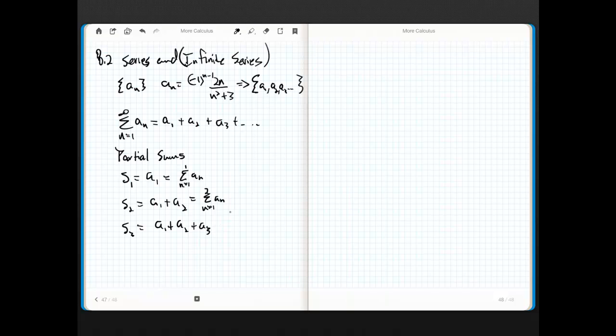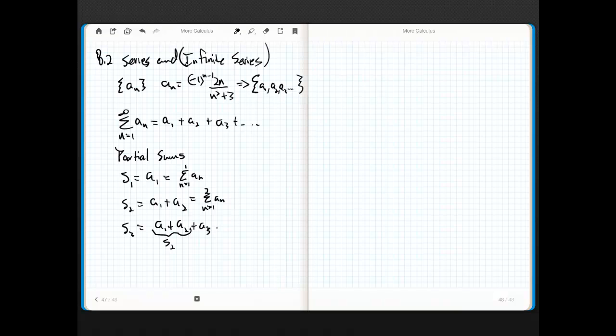Now, let's be really careful here because there's a cool little trick. Wait a sec, I'm getting a little bit ahead of myself. Let's back down just a sec. This is a better example to use. Notice, this is s sub 2 plus a3.